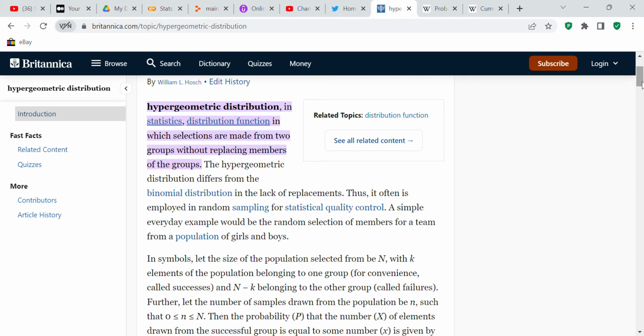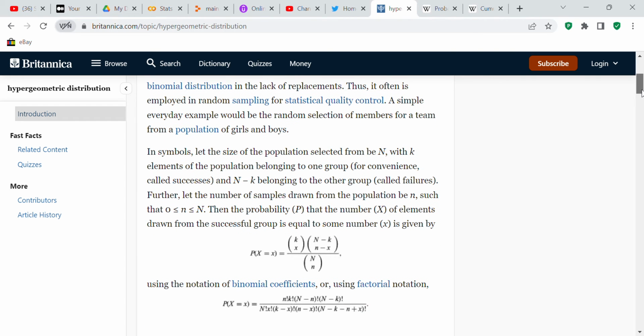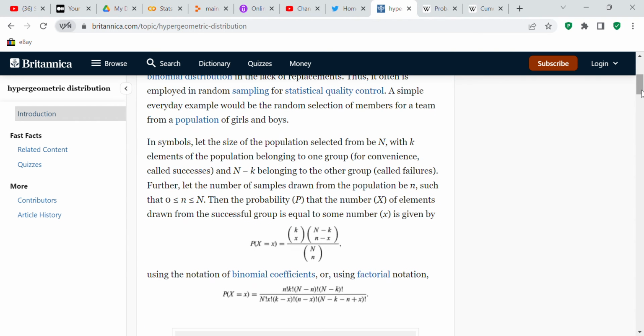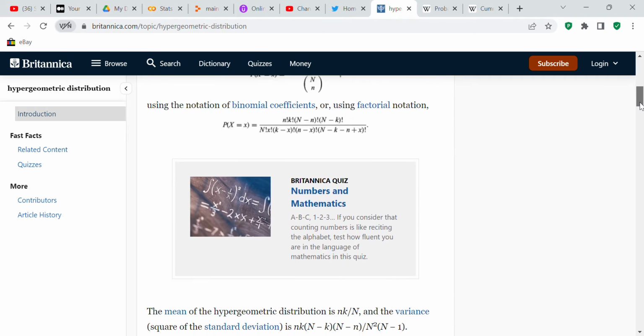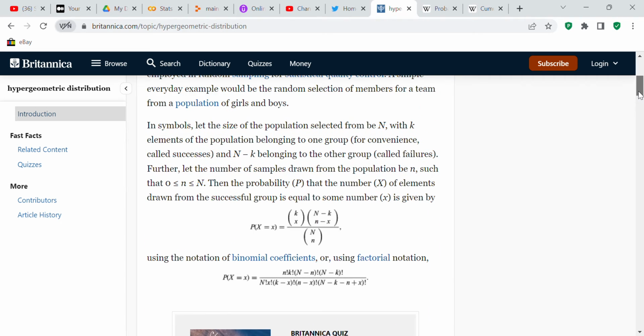Thus, it often is employed in random sampling for statistical quality control. A simple everyday example would be the random selection of members for a team from a population of boys and girls.